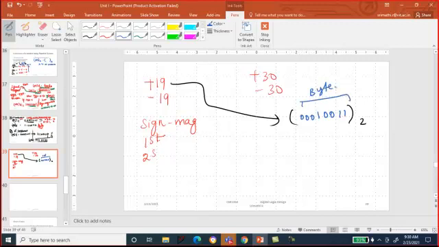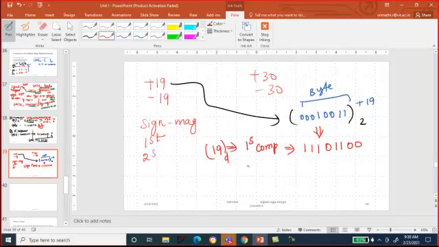This is your plus 19 representation, and 1's complement is nothing but inverting all these bits: 11101100. This is the 1's complement of 19.